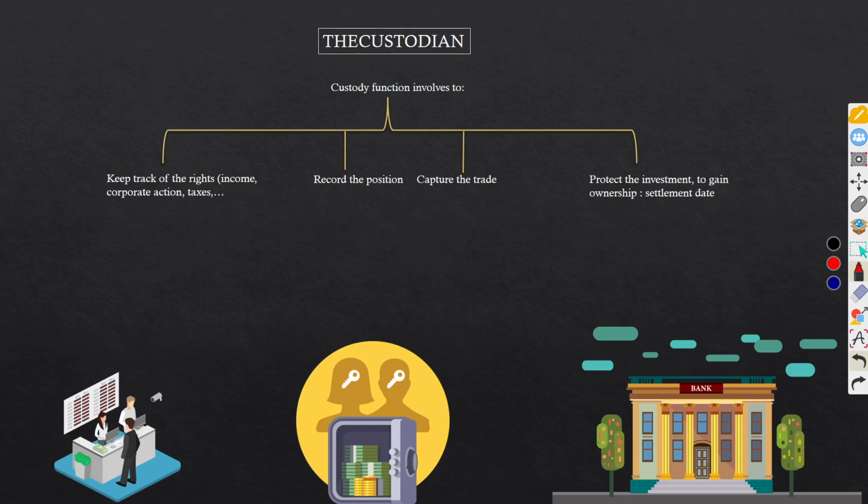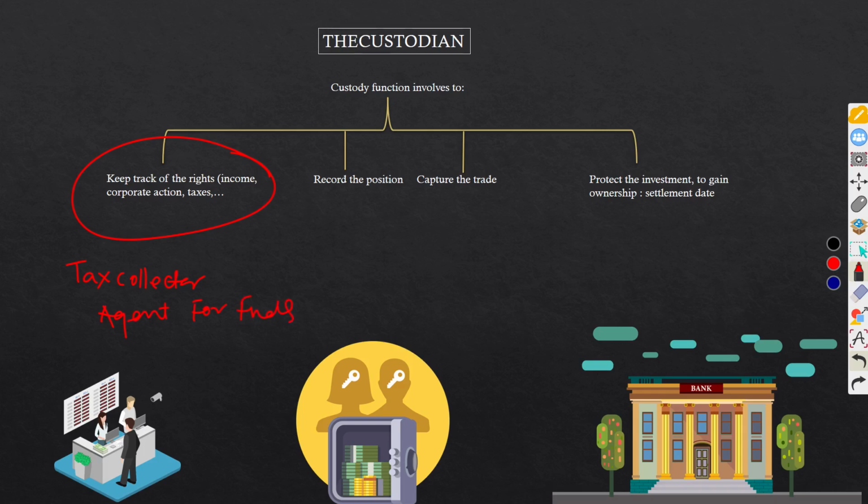But apart from safekeeping and protection of the investments, what other services do custodians offer to businesses? Let's look at those services. As a custodian, they provide income, they process corporate actions, and they even process tax payments, because custodians work as a tax collector agent for funds or businesses.